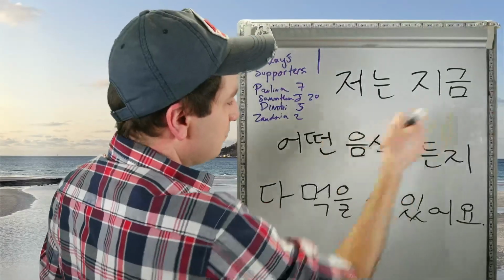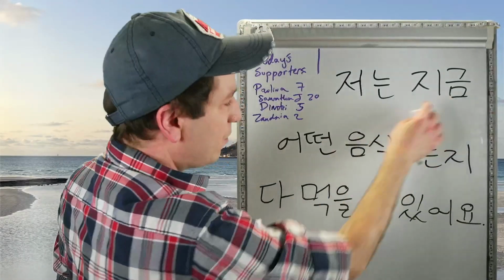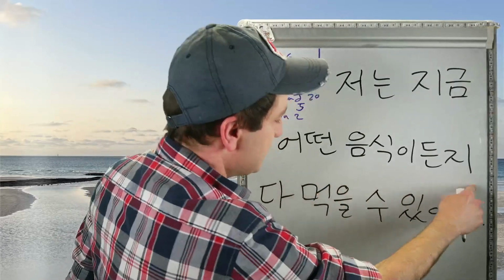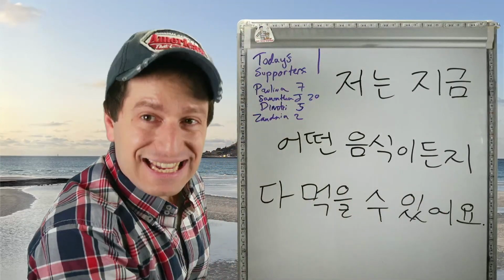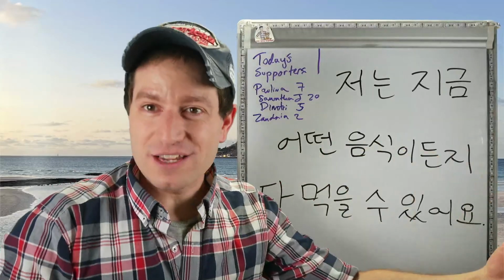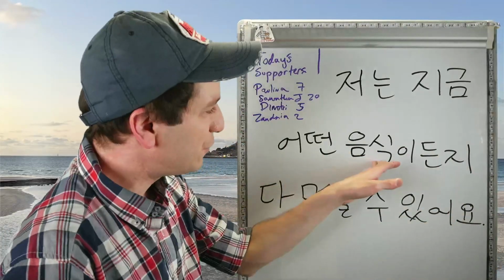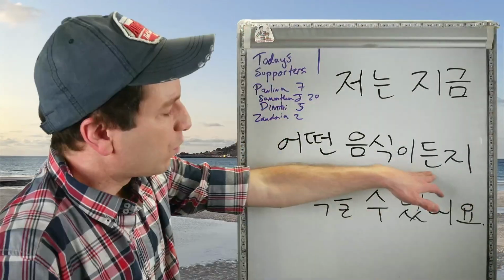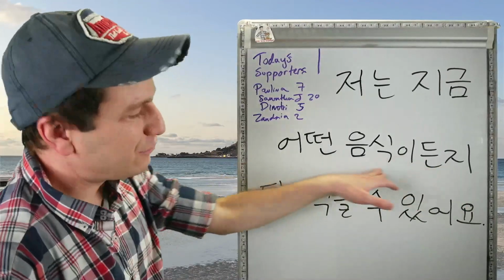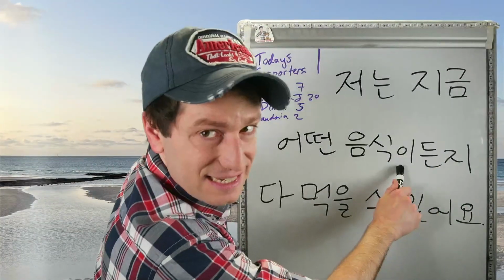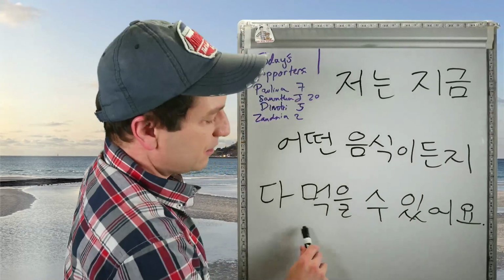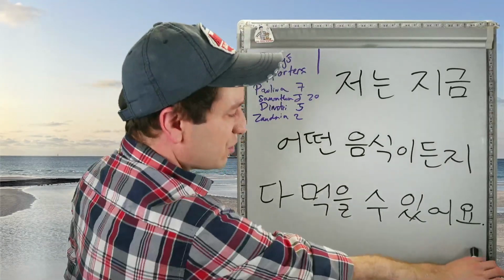저는 지금, so I, right now, 어떤 음식이든지. 어떤 is what kind. 음식, 어떤 음식을 좋아하세요? What kind of food do you like? So what kind of food? 이든지. Regardless of what kind of food it is, 이다, 다, all of it, 먹다, to eat. 먹을 수 있어요. I can eat anything.